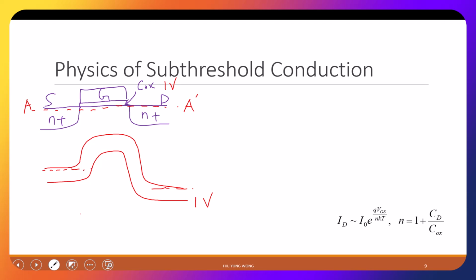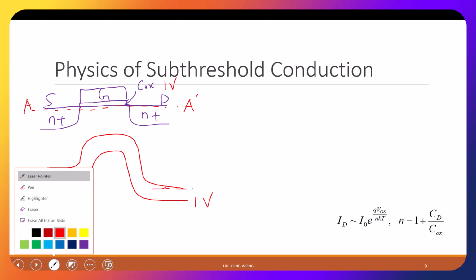Higher electron energy only comes with negative potential, right? Because positive times negative is negative. So if I have positive voltage on the right, I pull down the band. Okay? So I have a lot of electrons here on the left.